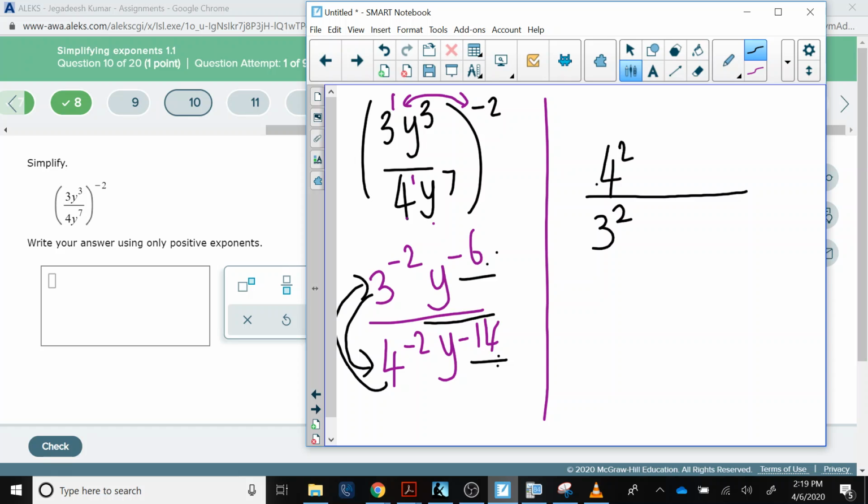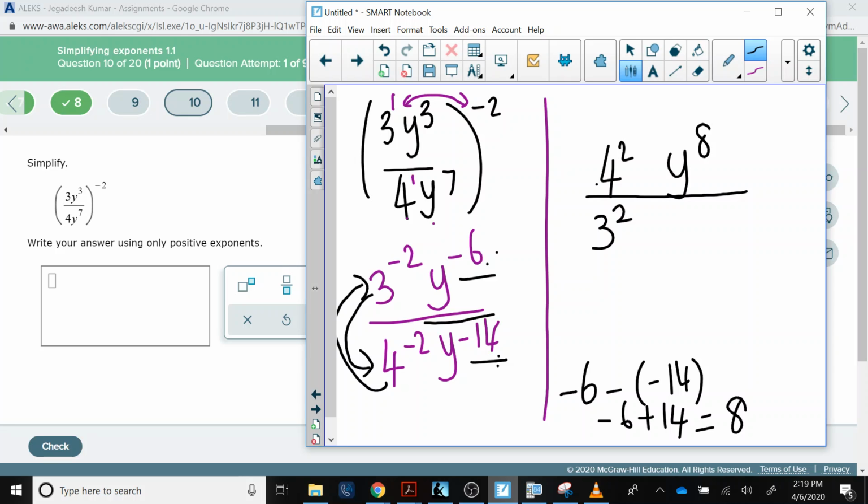Negative 6 minus negative 14 is negative 6 plus 14. So the answer is 14 minus 6, which is 8. So the power of y on this question is going to be y to the 8th power.